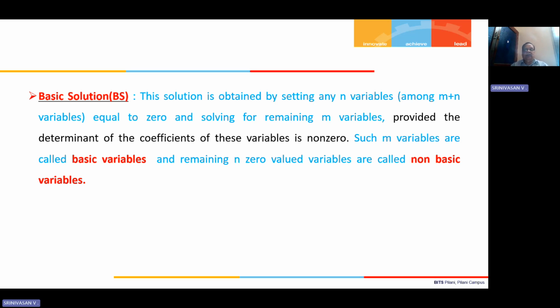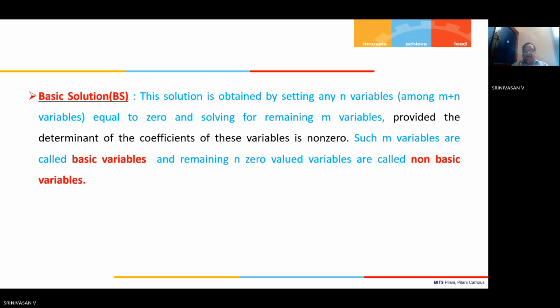You just look at the determinant of the coefficients of these variables, which is non-zero.